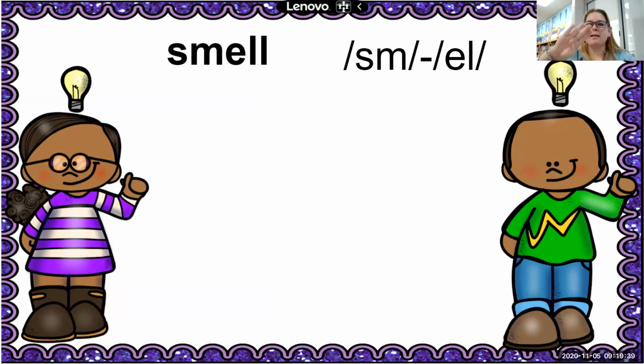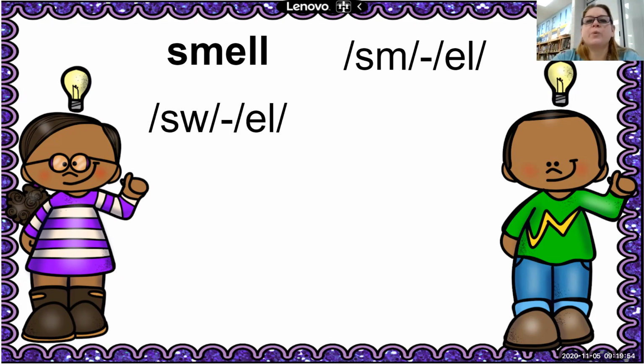So smell is the word on the curve. I want to get rid of the part of that, and I want to make it say w, l, swell. What's the new word on the curve? The new word on the curve is swell.